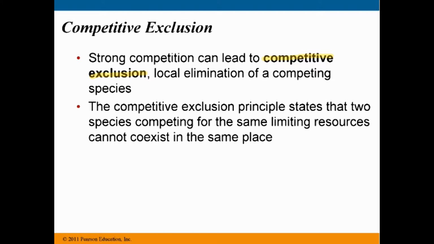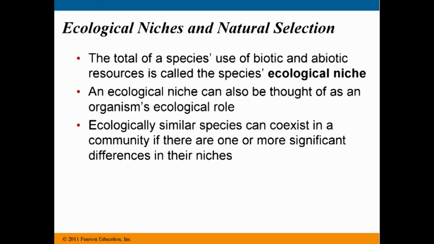There's a principle called the competitive exclusion principle that states that two species competing for the same limiting resources in the same area cannot coexist. Okay, so two species competing for the same limiting resources cannot coexist in the same place. One of them is going to win. This is a principle that has been shown to occur a multitude of times.